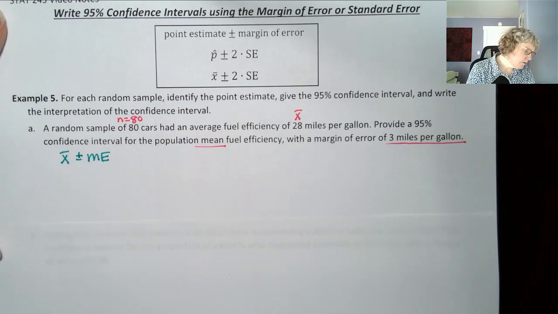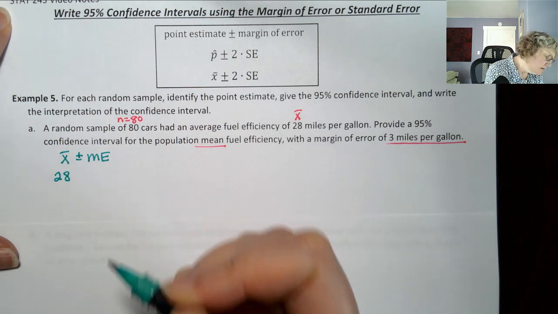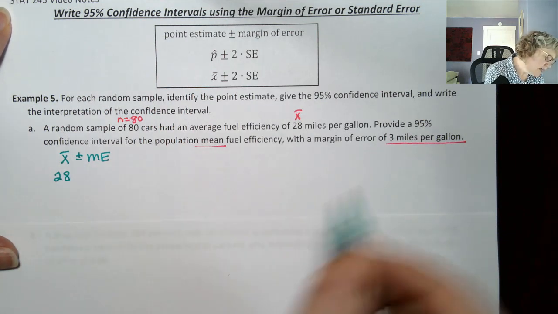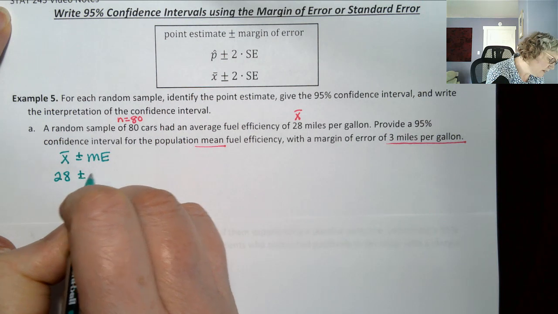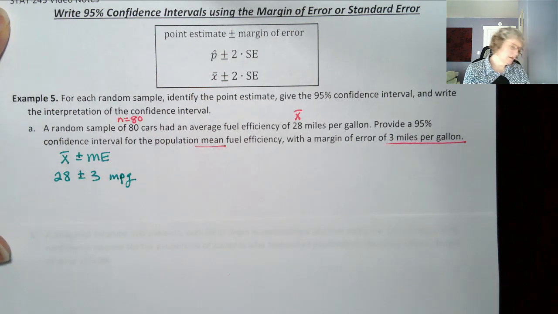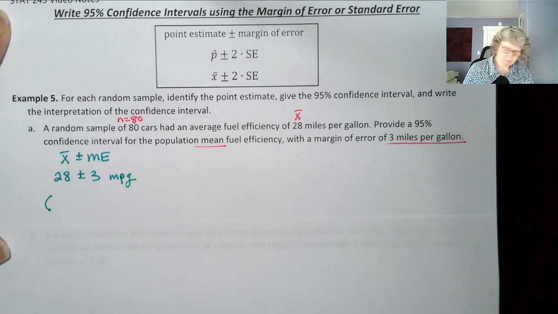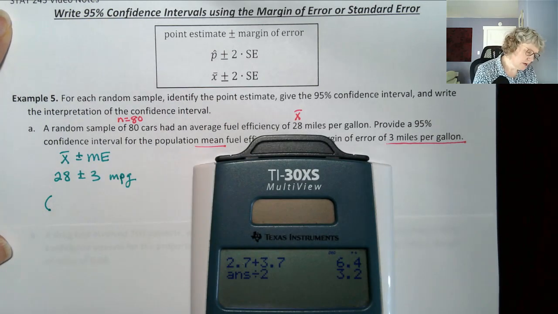ME. Okay, so we know we have 28 miles per gallon plus or minus 3. And if you want, you can put miles per gallon, MPG, right there, or you can wait till the end. So then it's up to you if you want to show the plus and minus part, or I'm assuming that you can go right to the adding and subtracting.